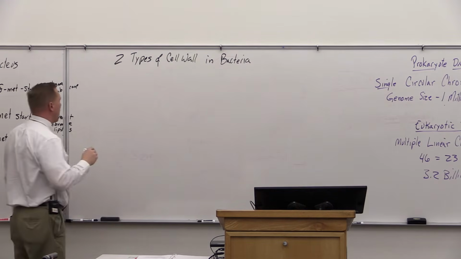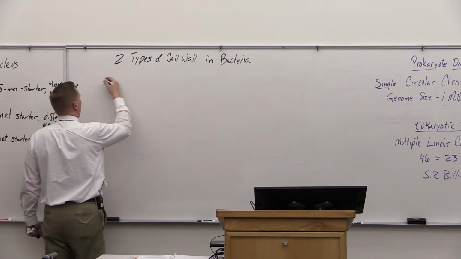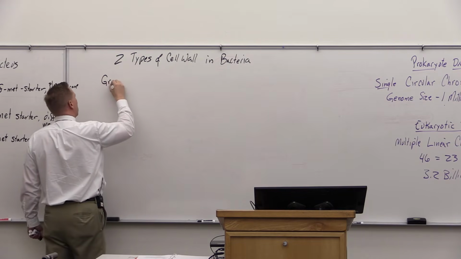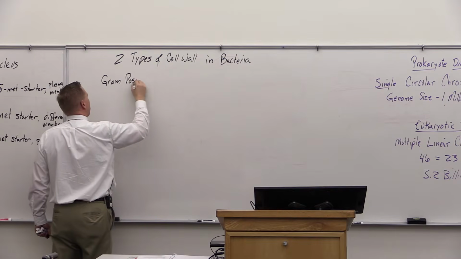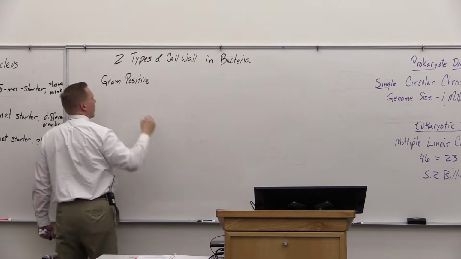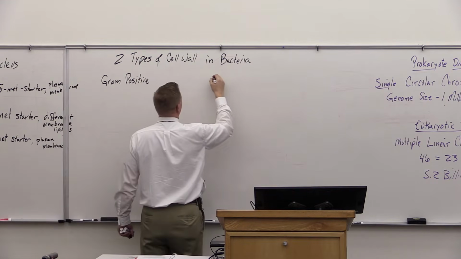The two types of cell walls are called gram-positive and gram-negative.